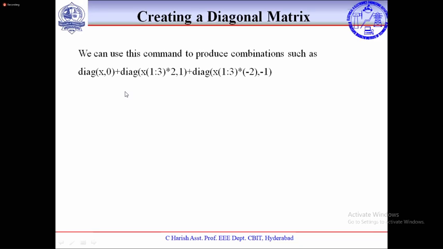Okay. Now tell me the answer for this one, all of you. We can use this command to produce a combination such as diag of x comma 0 plus diag of x of 1 to 3 times 2 comma 1 plus diag of x of 1 to 3 times minus 2 comma minus 1. What will be the answer? You can write on the screen, or write in the chat box, or unmute and tell me the answer, no issue.